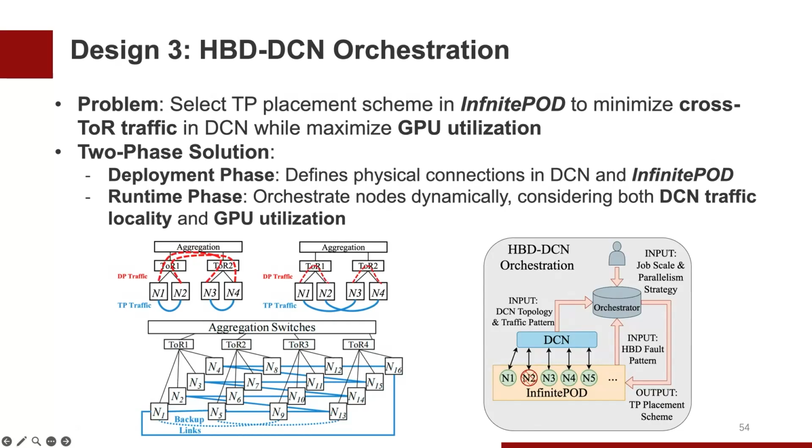If the TP traffic frequently crosses the top-of-rack level switches, it increases the risk of congestion. Therefore, we need to minimize this cross traffic while maximizing GPU utilization. We designed an algorithm with a two-phase solution, a deployment phase and a runtime phase, to minimize the cross-ToR traffic.